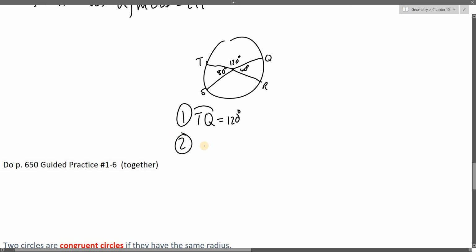Number 2, it says QRT. So my first thought is major arc, but let's see what it looks like. QRT is going to go all the way from Q to R to T. Now the problem is we don't know this bottom angle.